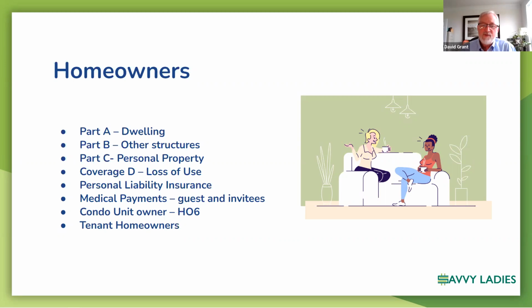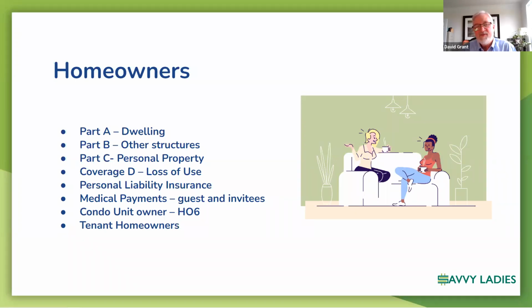The first thing we insure is the dwelling. And so this is the actual structure of the home. And the insurance agent is going to take the information about the house, where you're located, what the zip code is, what the construction of the home is. Is it all wood?